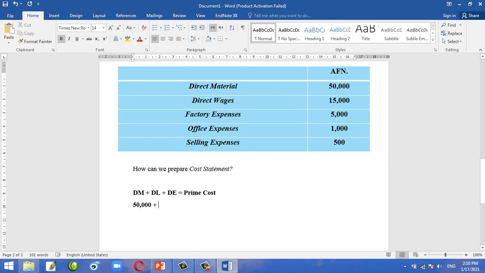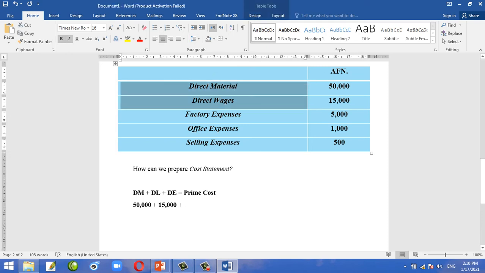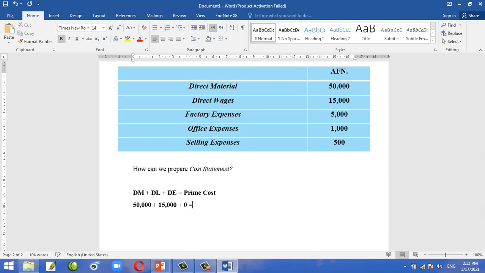So direct wages are 15,000 Afghanis. Plus direct expenses. We don't have direct expenses, that one is 0. Is equal to prime cost. How much is prime cost? The total is 65,000 Afghanis.